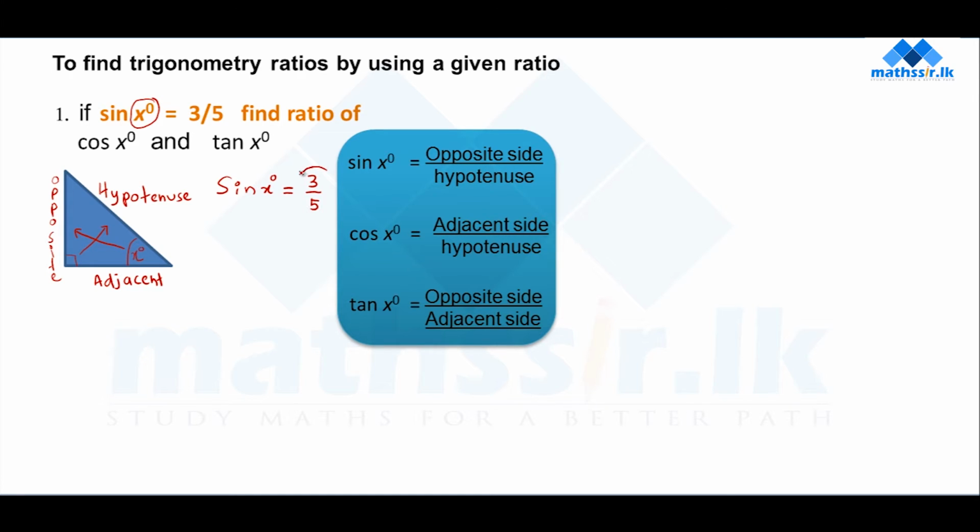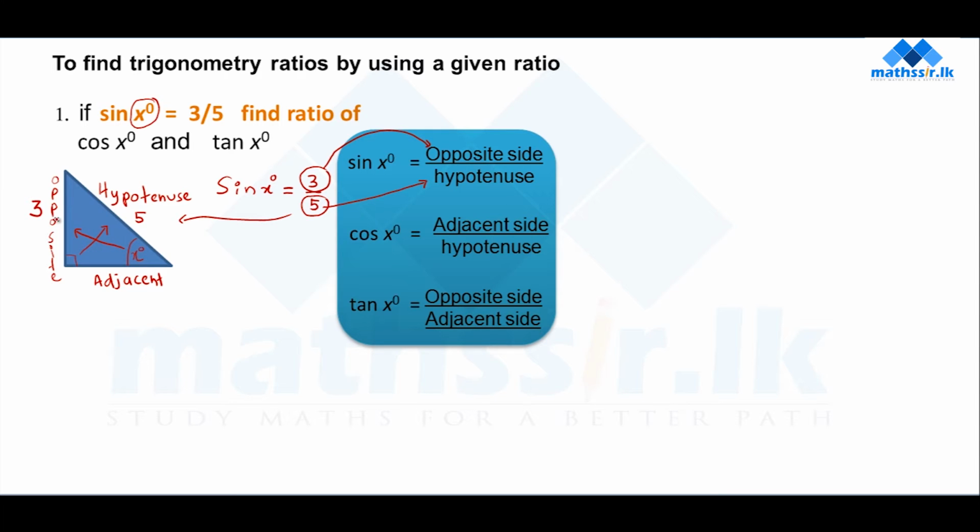Now 3 represents the opposite side, and 5 is the hypotenuse length. Now you mark 3 opposite, 5 hypotenuse. Our remaining side is adjacent.